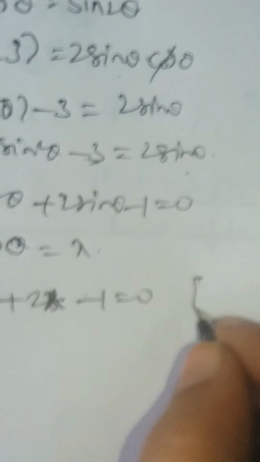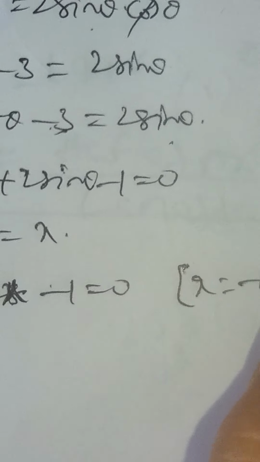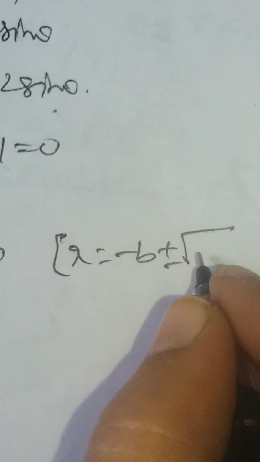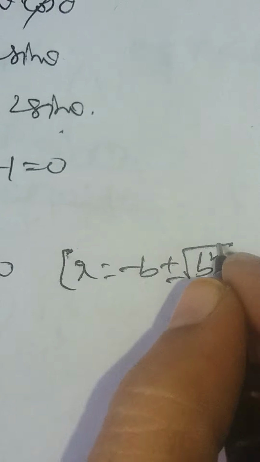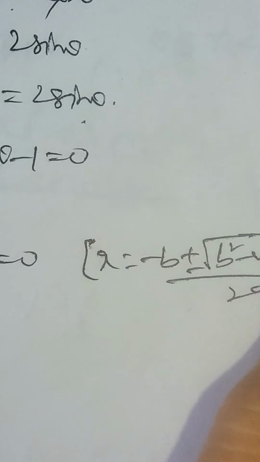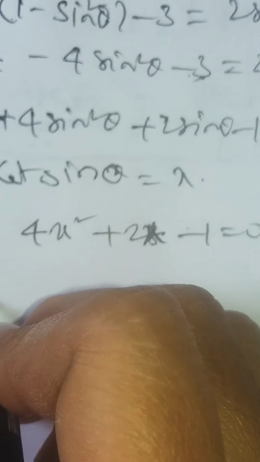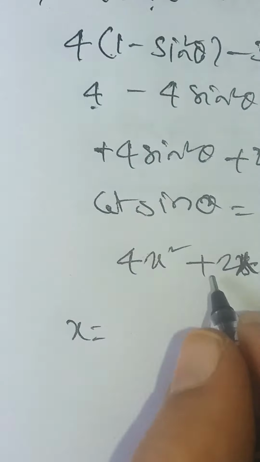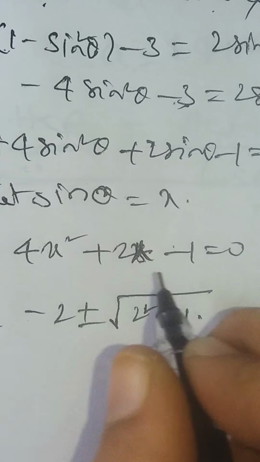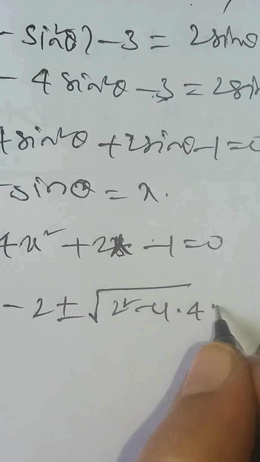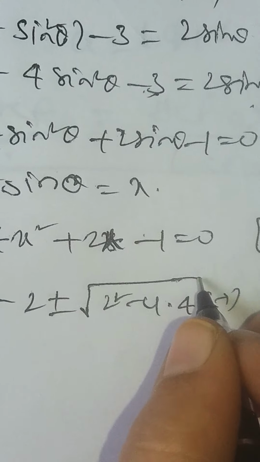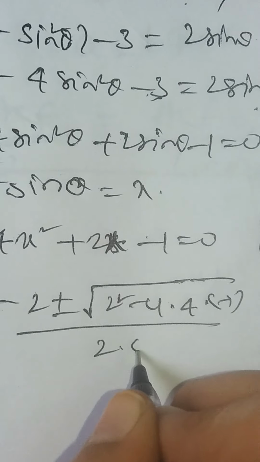When we cannot find factors, we can use the formula x is equal to minus b plus or minus square root of b square minus 4ac, divided by 2a. By using this formula, x is equal to minus b, that means minus the x coefficient, which is minus 2, plus or minus square root of b square, 2 square, minus 4ac, 4 into a which is 4, into c which is minus 1, divided by 2a, 2 into 4.